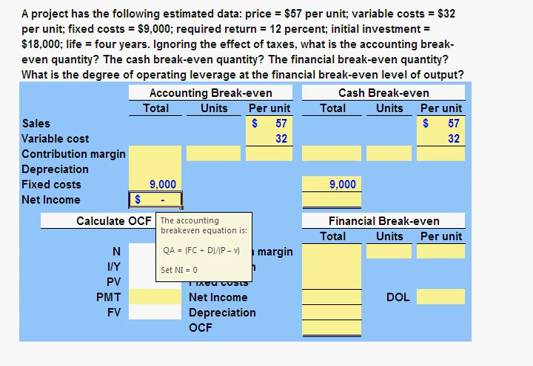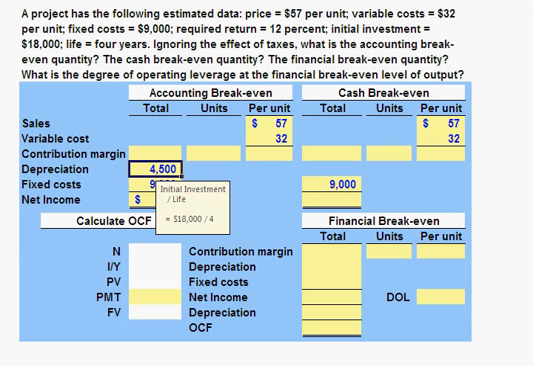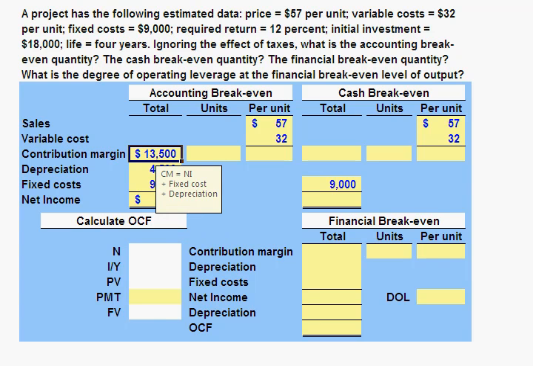We were given our fixed cost of $9,000. Our depreciation expense is $4,500, which is our initial project cost of $18,000 divided by its 4-year life. This means in order to break even, we need to have a contribution margin in total of $13,500.